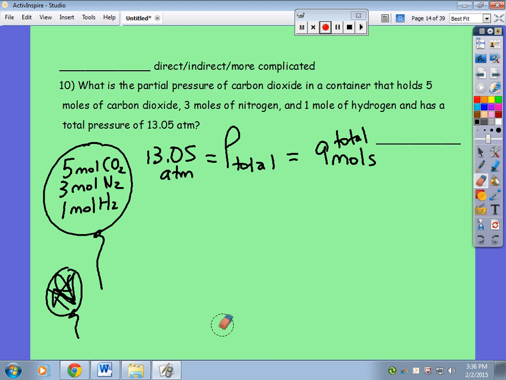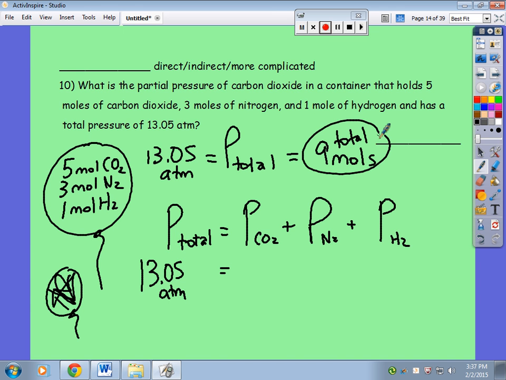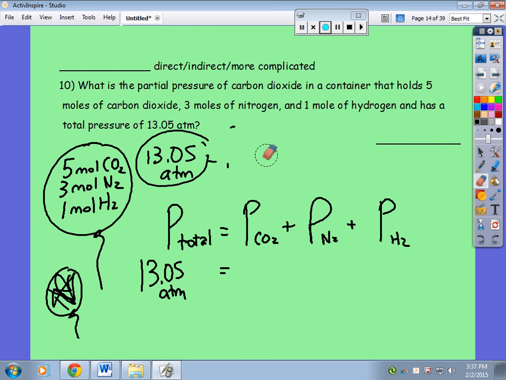So let's go ahead and do this. So what do we know? We know that pressure total equals the pressure of carbon dioxide plus the pressure of nitrogen plus the pressure of hydrogen, don't we? And what do we know? We know the total pressure is 13.05 atmospheres. So, how do we figure out carbon dioxide? Well, we just said that the moles hitting the sides of the balloon are equal to the total pressure. So what's that mean?